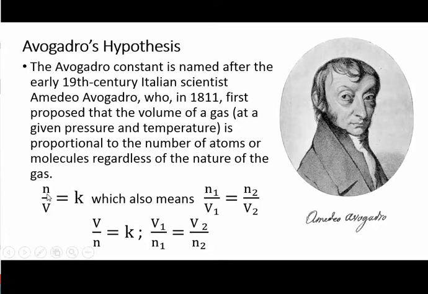So N is the symbol we use for moles. Now, if you're writing the unit of moles, let's say you have 12.5 moles, then you write MOL or MOLE.